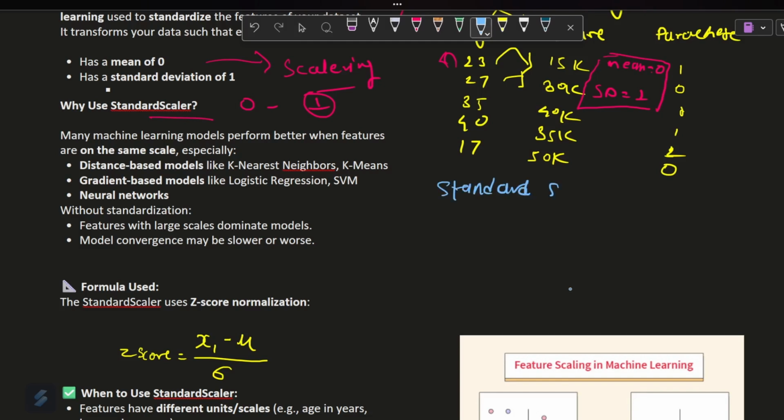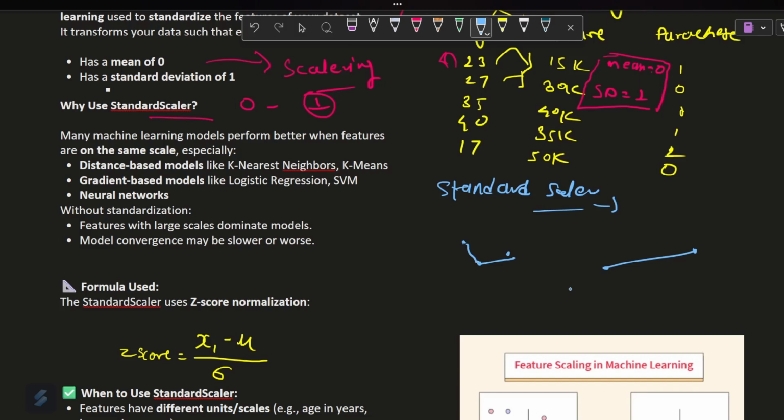Because when you calculate the distance between two points, for example in k-nearest neighbor, we calculate the distance from one data point to another.